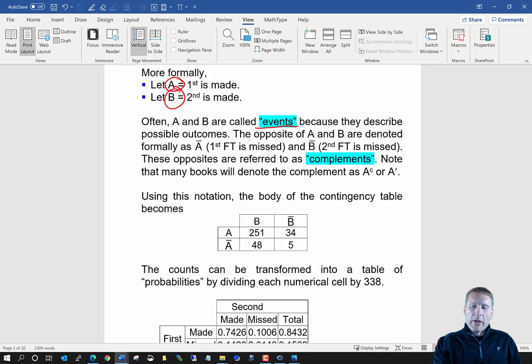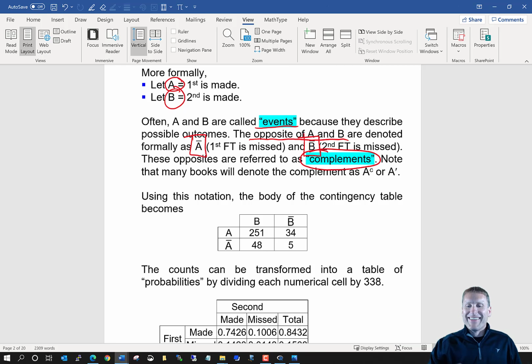Now, we can also talk about, well, what's the opposite of A and B? And in statistics, we have a name for that as well. They are called complements. And there's a variety of different ways to denote this. I'm going to use this notation here. A bar is the complement of A. And A bar in this particular case would be the first free throw is missed.